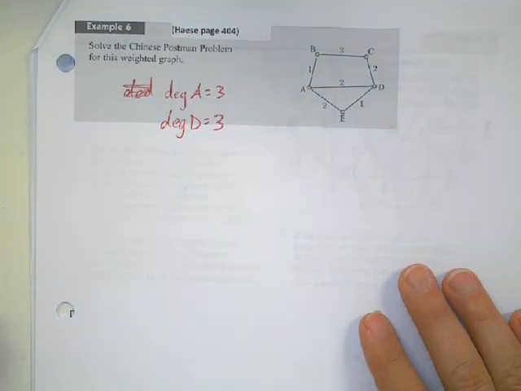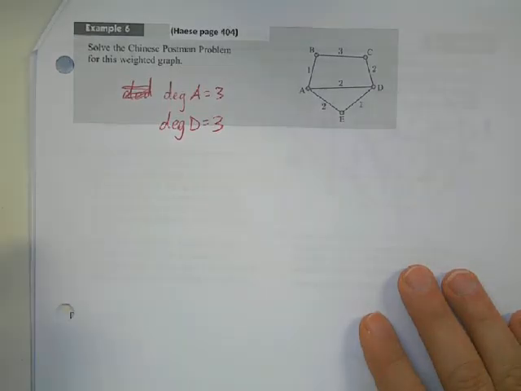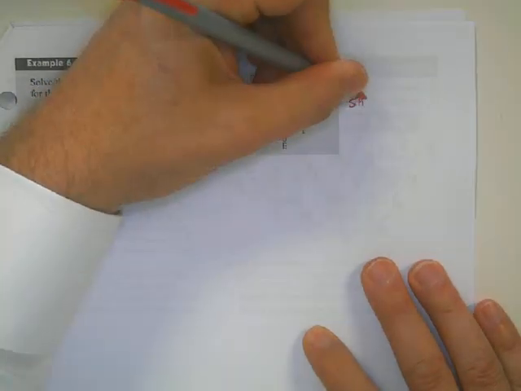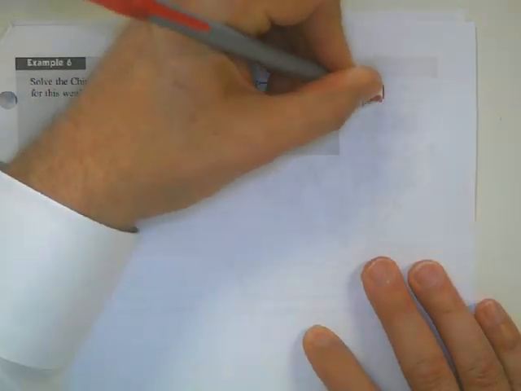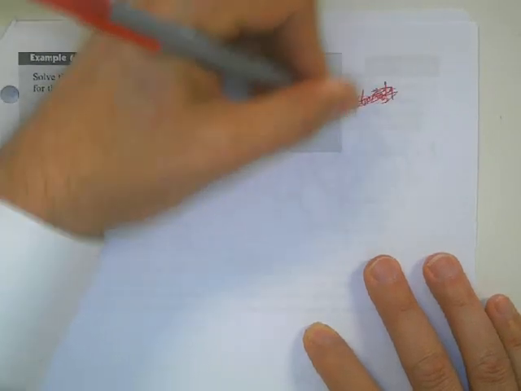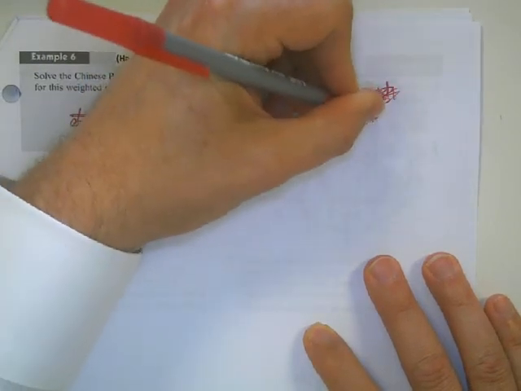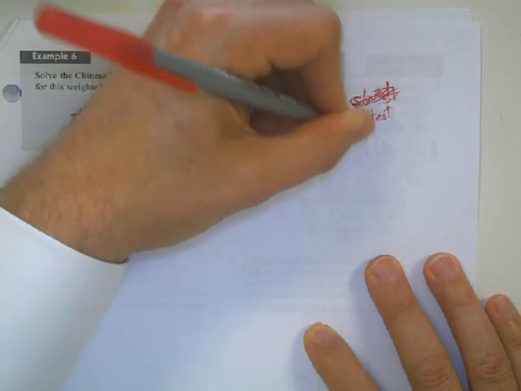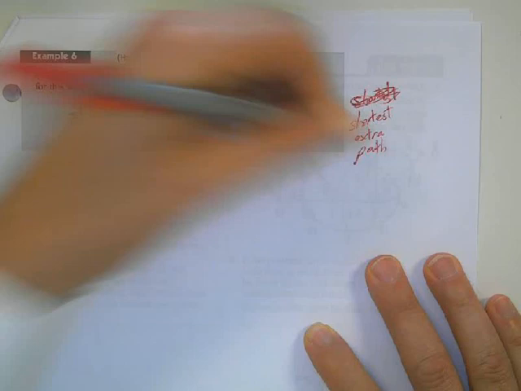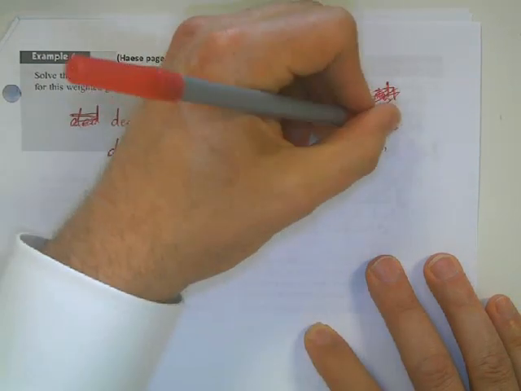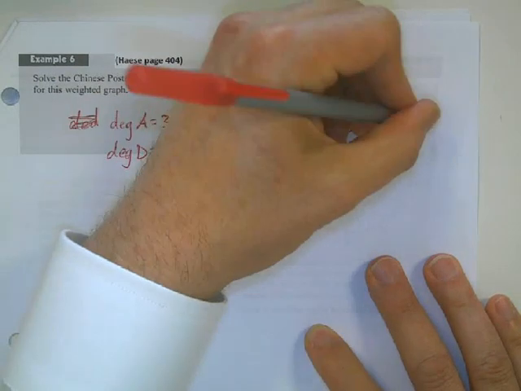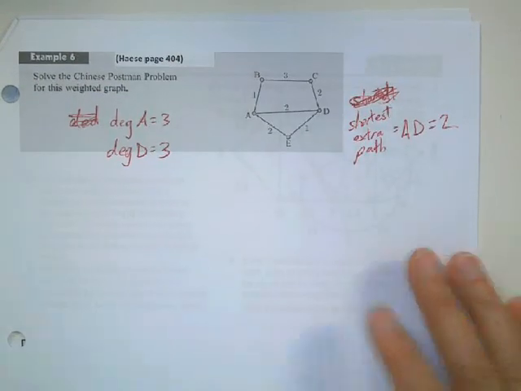So the shortest extra path between A and D is just 2.